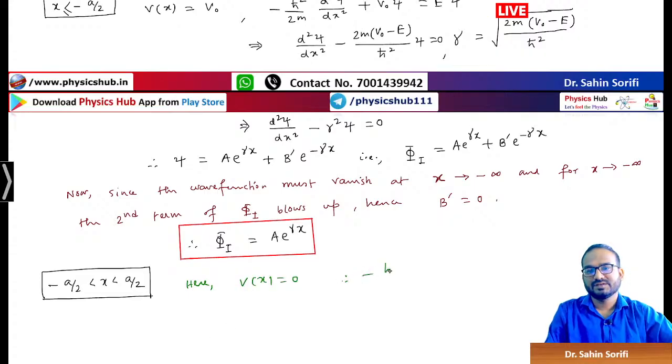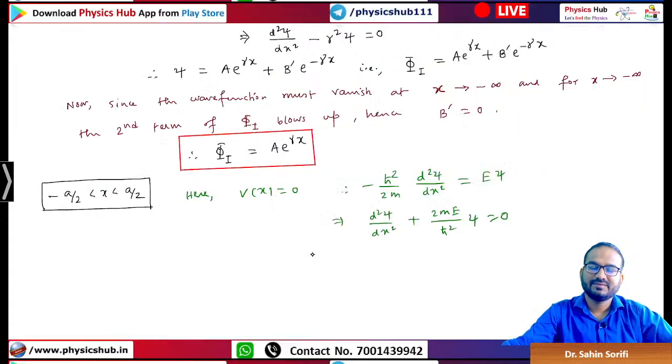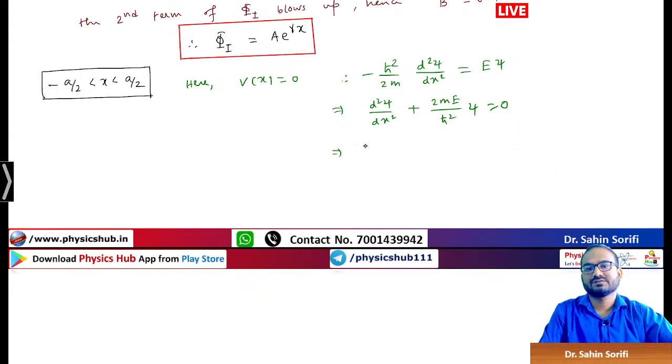So minus h cut square by 2m d square psi by dx square plus 0 is equal to E psi. As simple as that, d square psi by dx square plus twice m E by h cut square psi equals to 0. Now if I take twice m E by h cut square as k square, I can write it in this way, where k is equal to the square root of twice m E by h cut square.